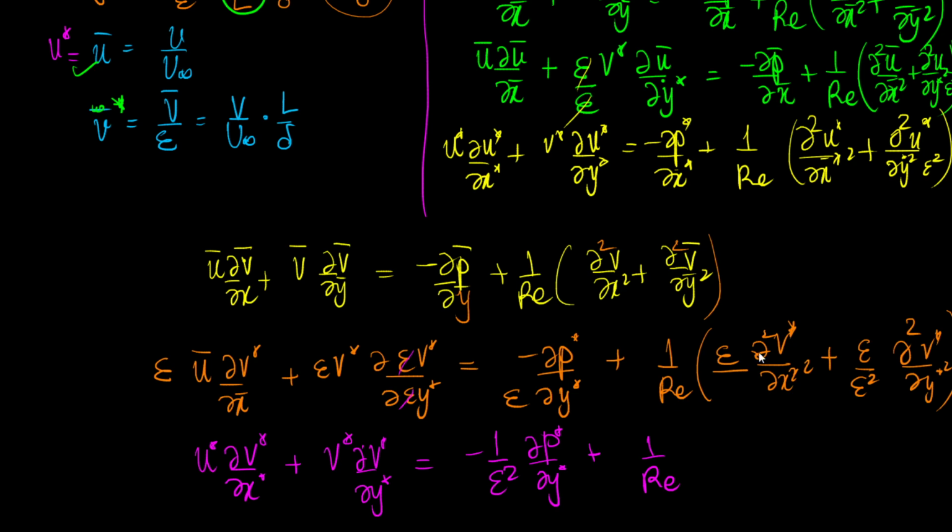So this epsilon will cancel out. So it will be del 2 v star upon del x star 2 plus 1 upon epsilon square del 2 v star upon del y star 2.